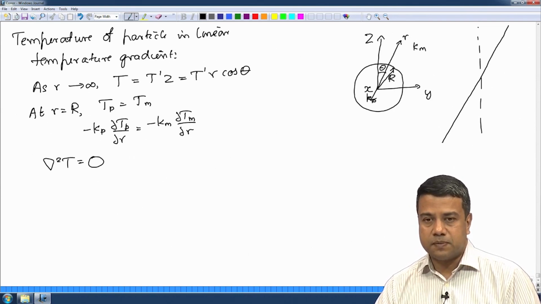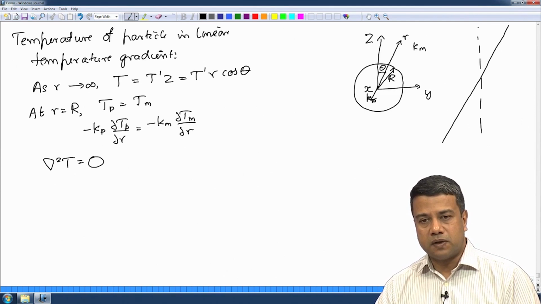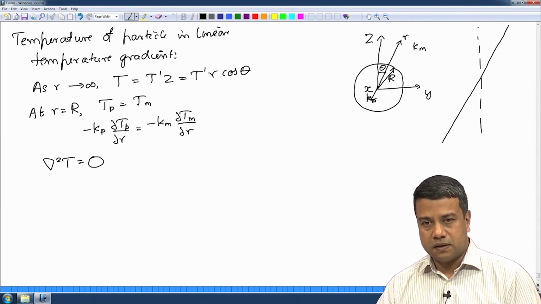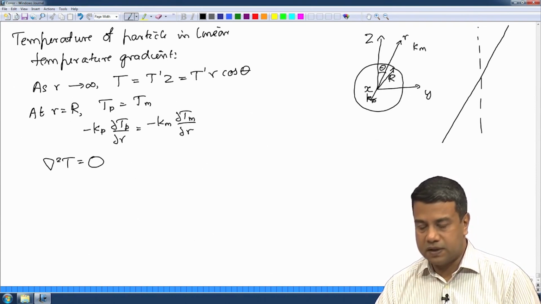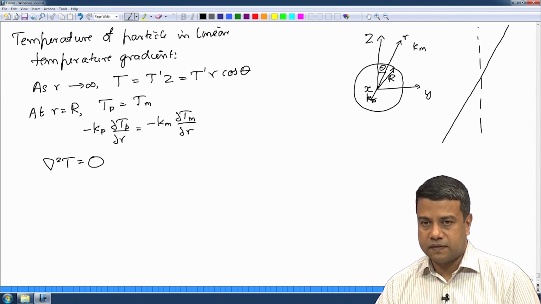In this case, it does depend upon theta. It does not, however, depend upon phi, the angle around the z axis. For a given r and theta, no matter what the angle around the z axis is, the temperature has to be the same. Therefore, the temperature is only a function of r and theta, and not a function of phi.